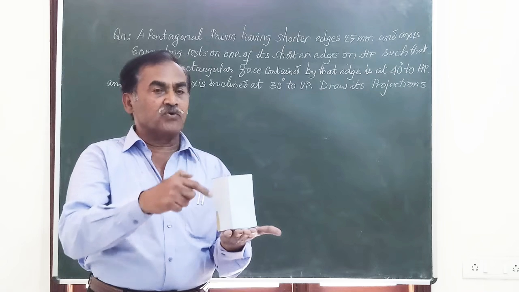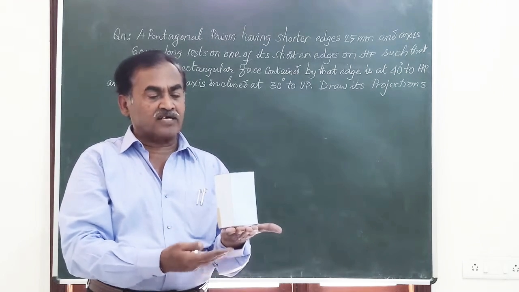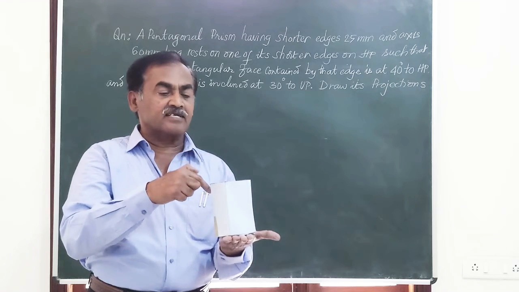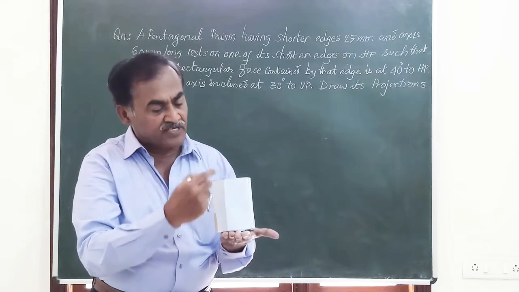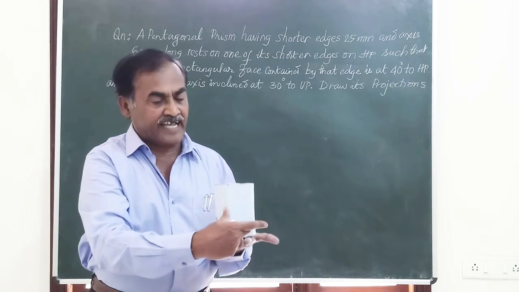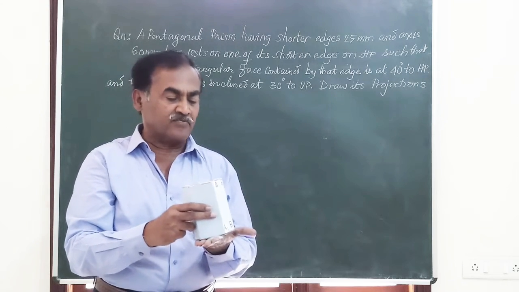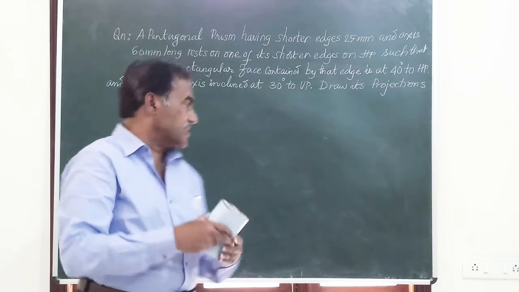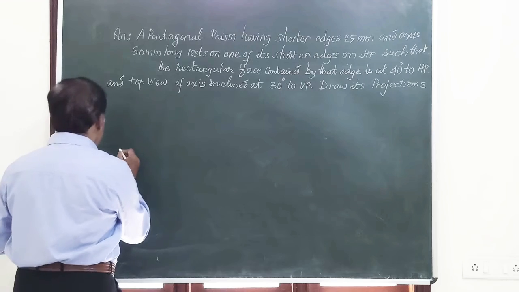In the top view, since it is resting on its bottom face, we are going to get a regular pentagon, and in the front view you get these two rectangles. So let me start the problem with the object resting on its bottom face on HP.